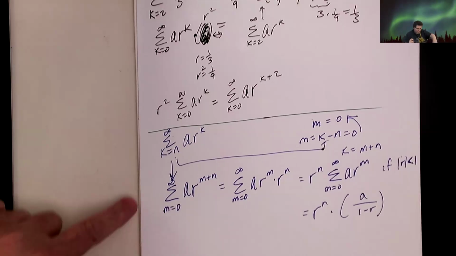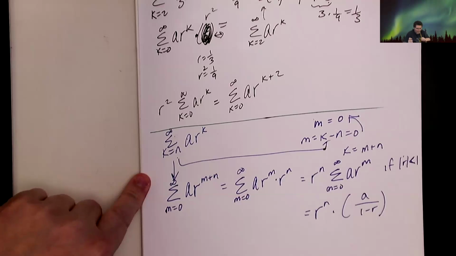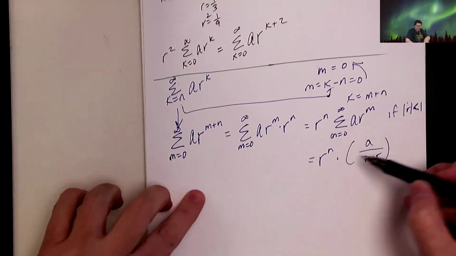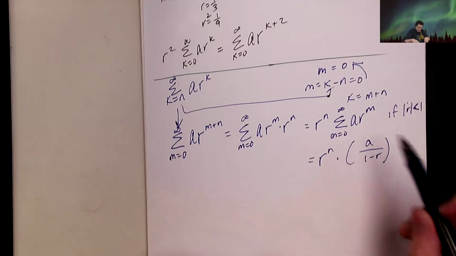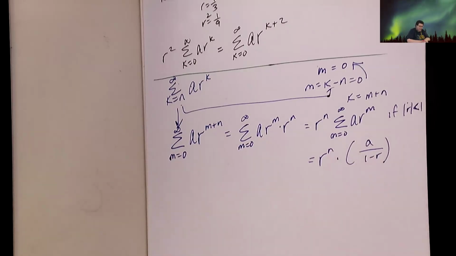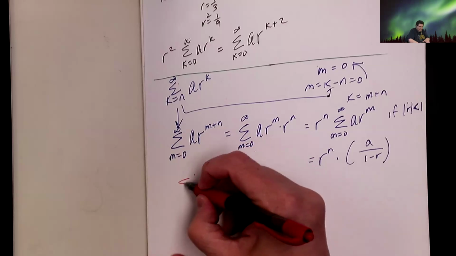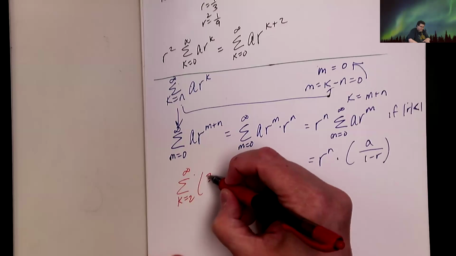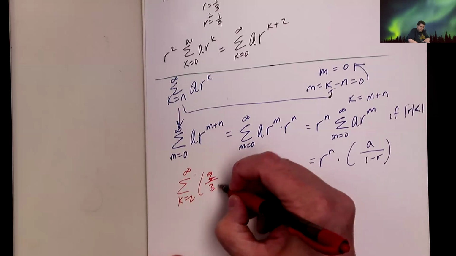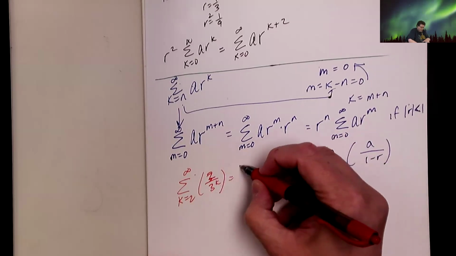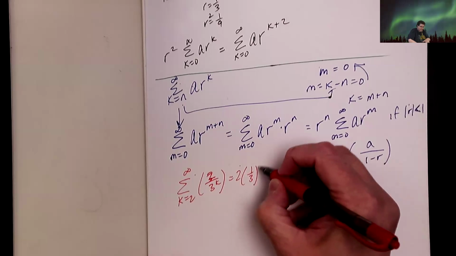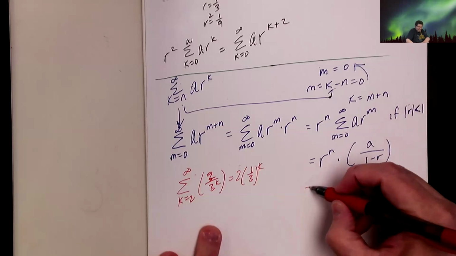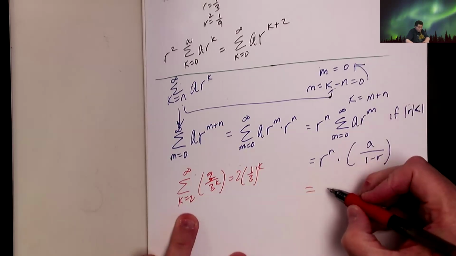Well, your intuition is right. I just showed working another way how to do it. Get to the same thing. If you were doing n equals 2, so for what we had, k equals 2 to infinity, 2 over 3 to the k, or 2 times 1 over 3 to the k. I'm doing this where this was my n.